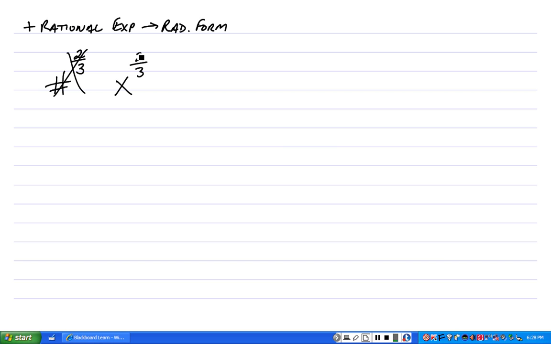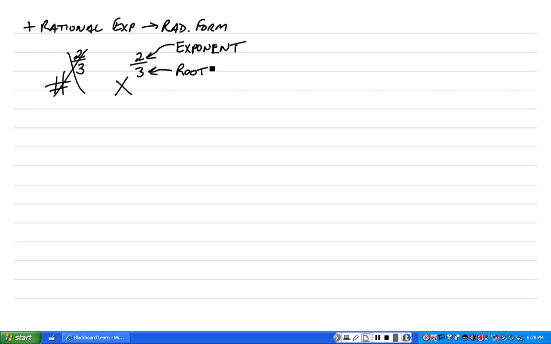Now, when you have a fractional exponent, what you need to make sure you understand is that the top number represents the exponent, and the bottom number represents the root.